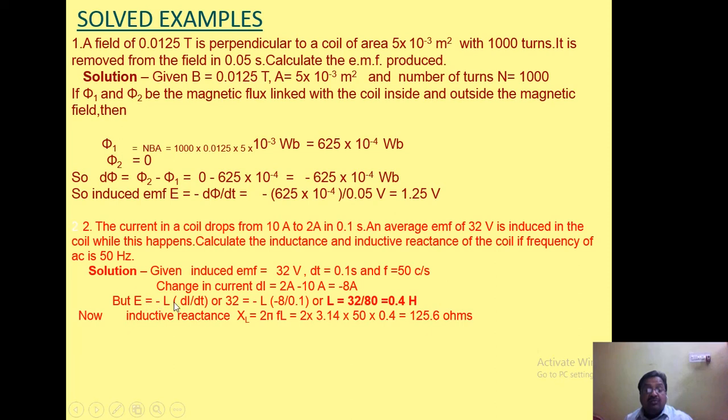Substitute the values of the corresponding quantities. 32 equal to minus L into minus 8 by 0.1. It will yield L, self-inductance or coefficient of self-inductance, is 32 by 80. That is exactly 0.4 Henry. So that's the value of self-inductance.